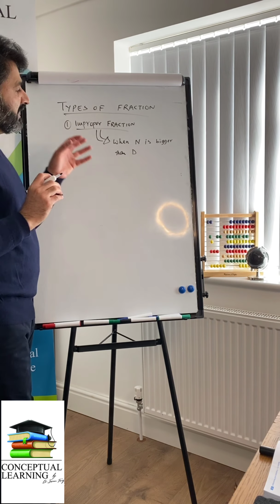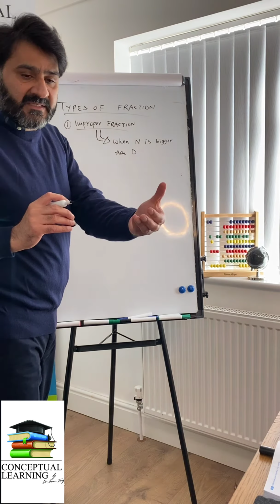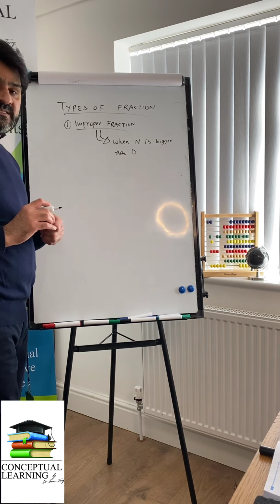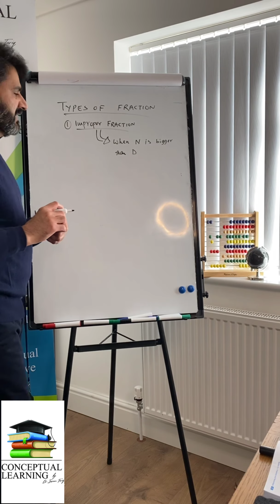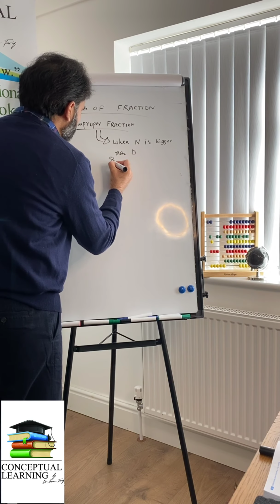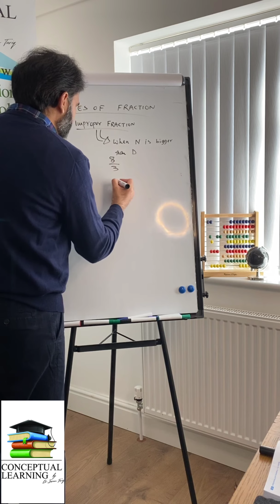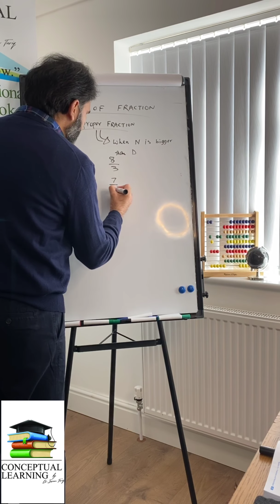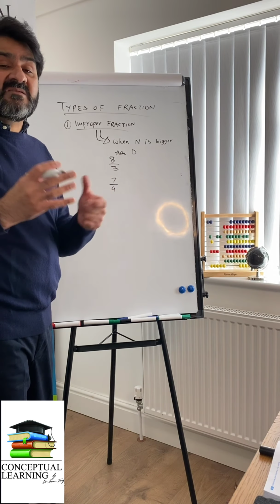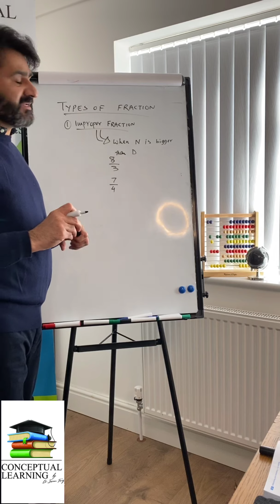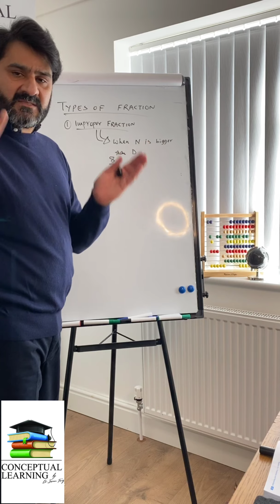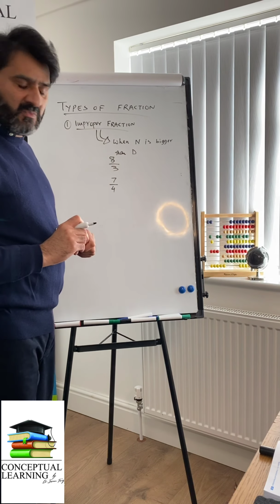When n is bigger than d, that kind of fraction is called an improper fraction. For example, 8 in 3, then 7 in 4. These kinds of fractions are called improper fractions. Why? We know the definition: when n is bigger than d, we get improper fractions.